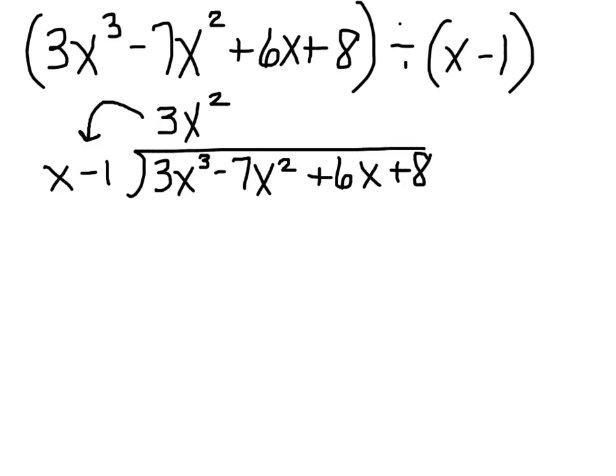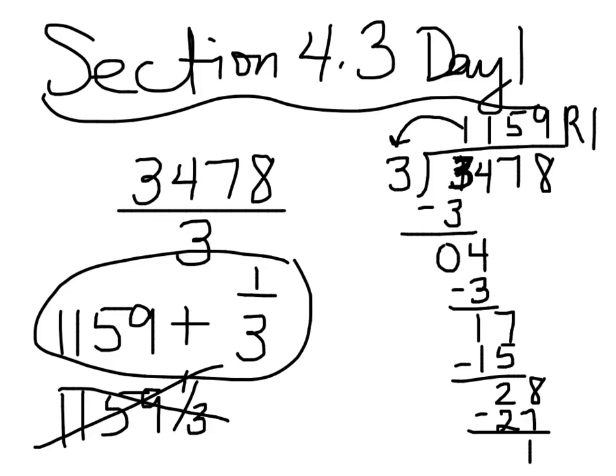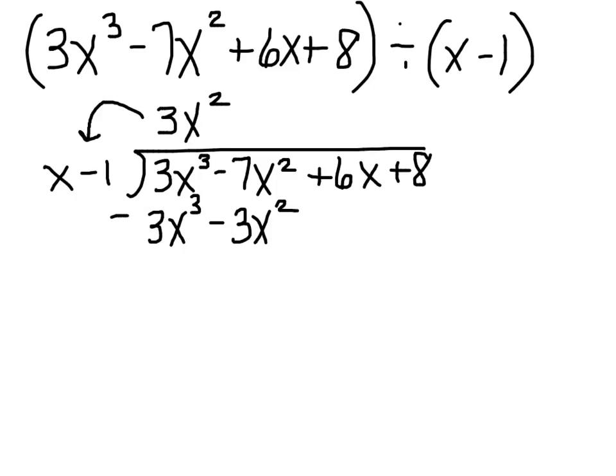What's 3x squared times x? 3x cubed. Very good. And then what's 3x squared times negative 1? Negative 3x squared. And then what did you do with the 3's after you got that? You subtracted. So we're going to subtract.